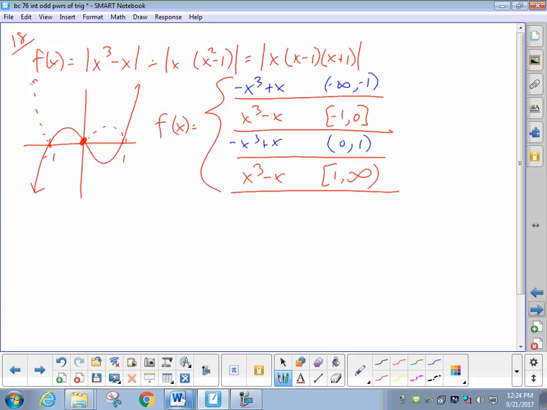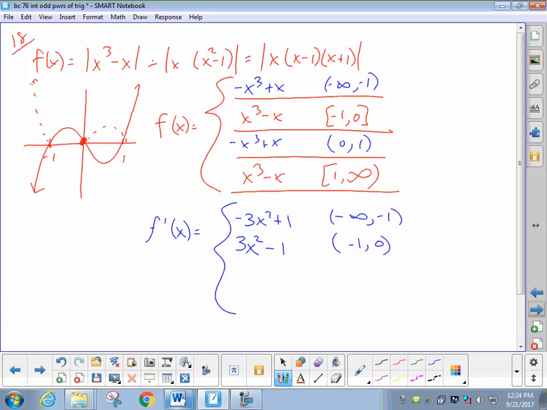The derivative then is the derivative of each piece, and then just being careful at the endpoints. What's the derivative of the leftmost branch? Negative 3x squared plus 1. And that's for negative infinity up to -1. The second branch, 3x squared minus 1, and that's from -1 to 0.